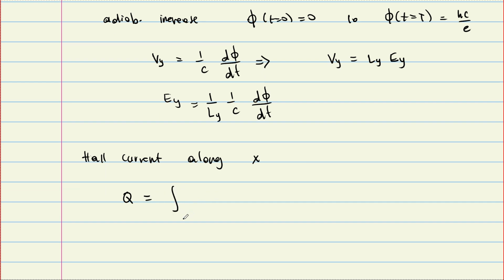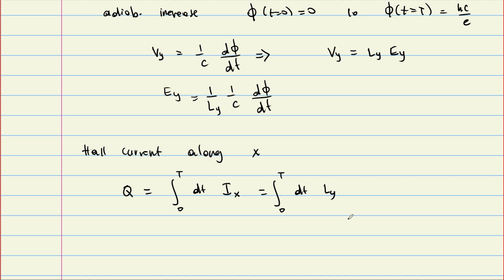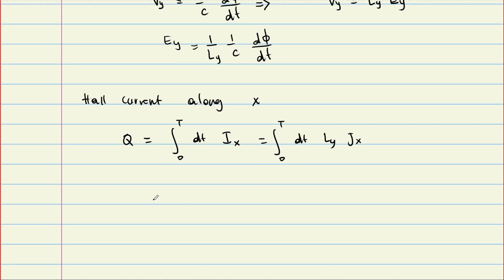Q is equal to the integral from 0 to t of dt I_x, and I_x is L_y, the cross section, times the current density J_x. So this is equal to the integral from 0 to t of dt L_y J_x, and J_x is going to be sigma, actually sigma_xy E_y. I'm trying to match the indices.